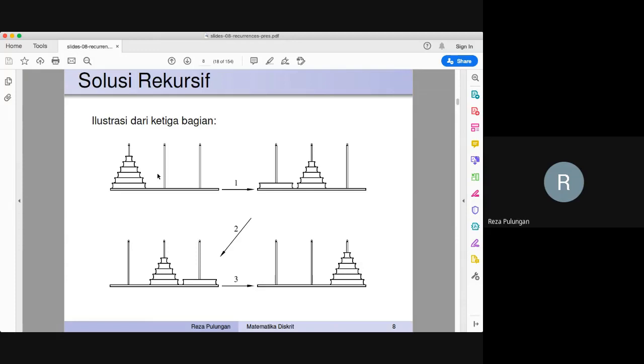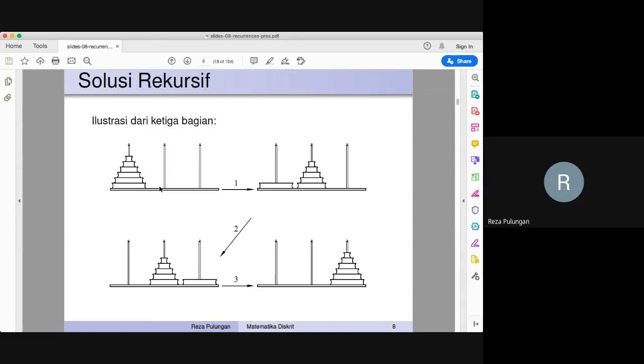So this is basically just pretending that the largest one, the bottommost disk here, does not exist. And then I ask you, move the n minus 1 disks from the first tower to the second tower.